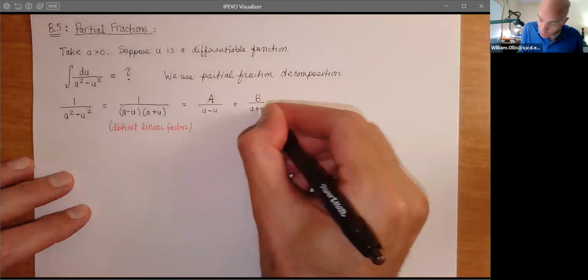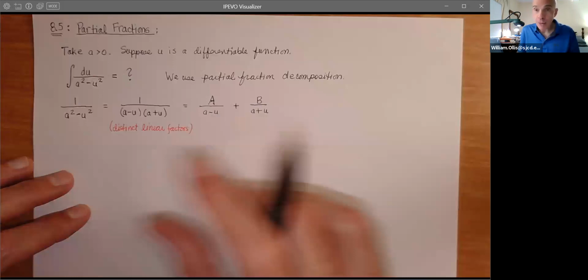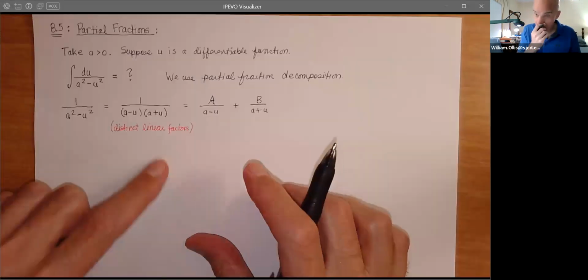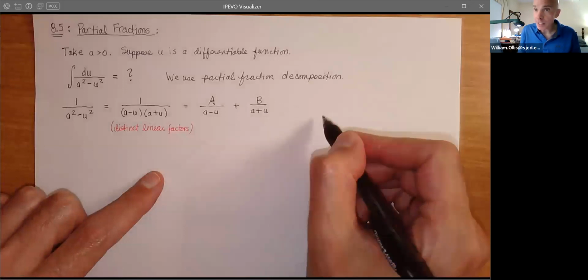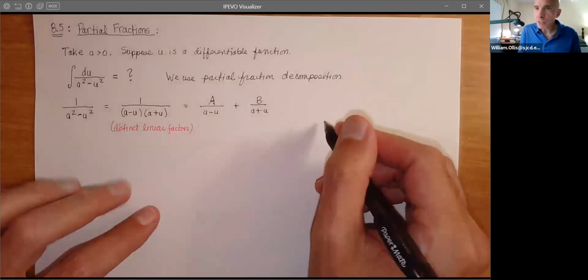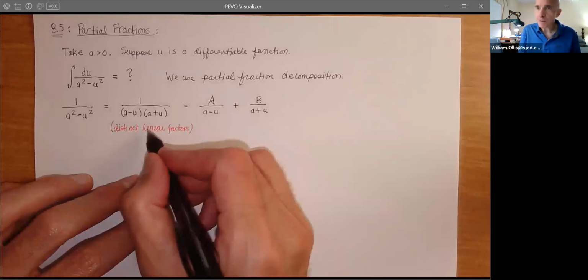So when you have distinct linear factors, maybe you have 2, maybe you have 3. If you had a third distinct one, then we'd have plus C over that distinct linear factor. This is how we decompose fractions under this hypothesis.